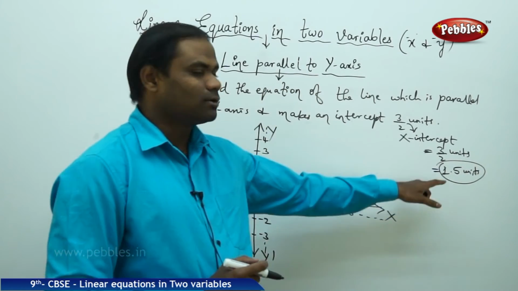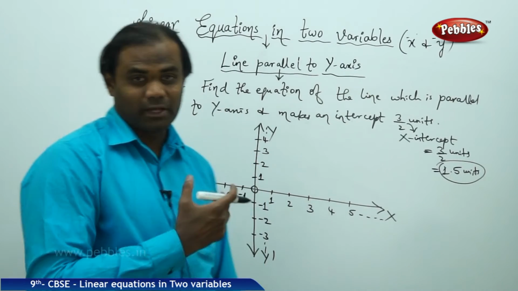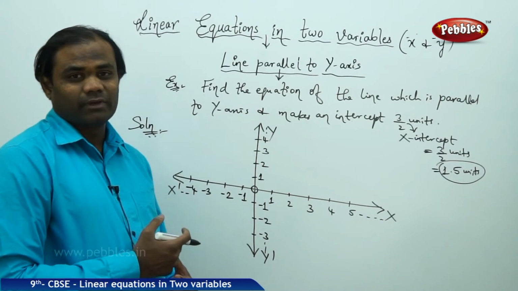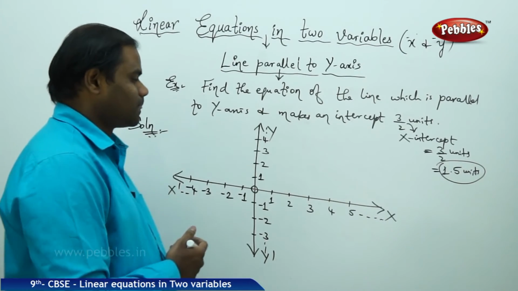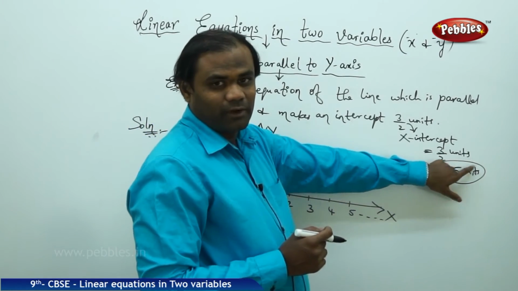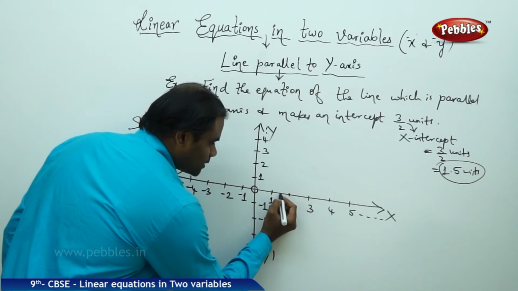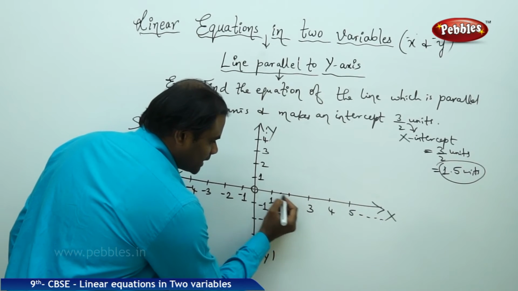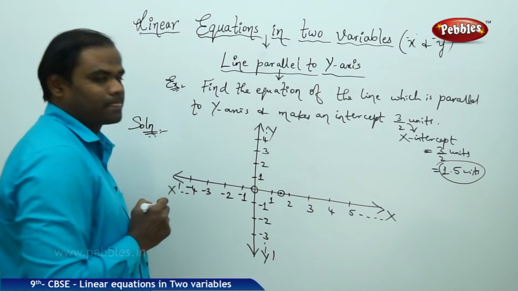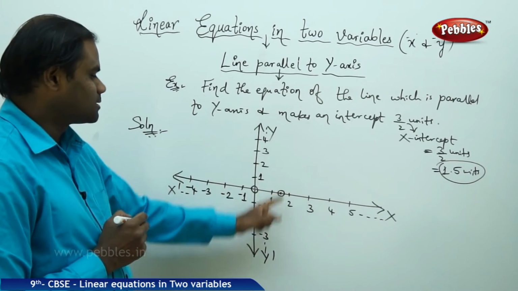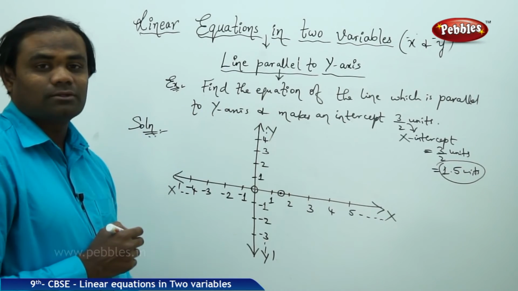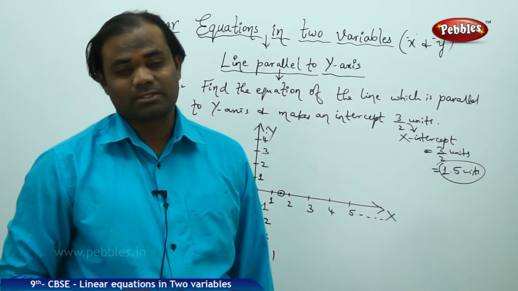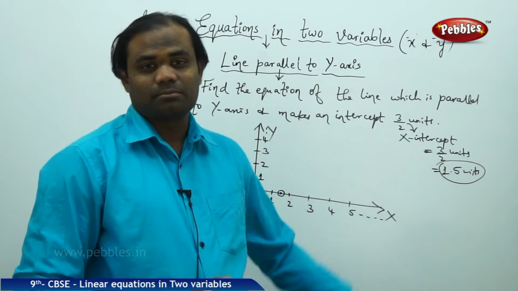So using the condition of x-intercept being 1.5 units, let's see how we can draw a line passing through x-intercept and parallel to y-axis. As we know that the value 1.5 units is located exactly in the middle of 1 and 2, this is the x-intercept. And of course, the line passes through this point exactly in the middle of 1 and 2 and parallel to y-axis, is how the question is analyzed through the Cartesian plane.